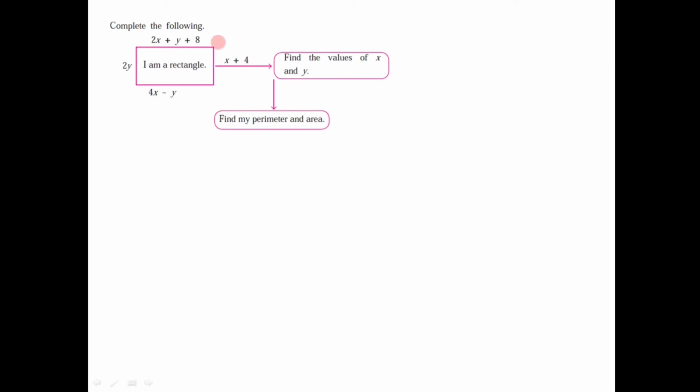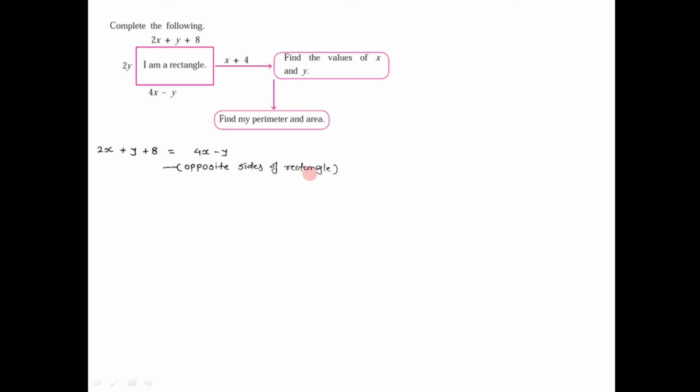To solve this we have to use the property of a rectangle, that opposite sides of a rectangle are congruent. So in the diagram 2x plus y plus 8 and 4x minus y are opposite sides of a rectangle, so they must be congruent.